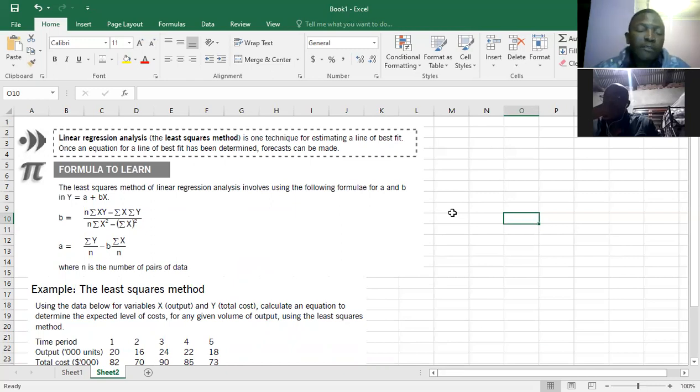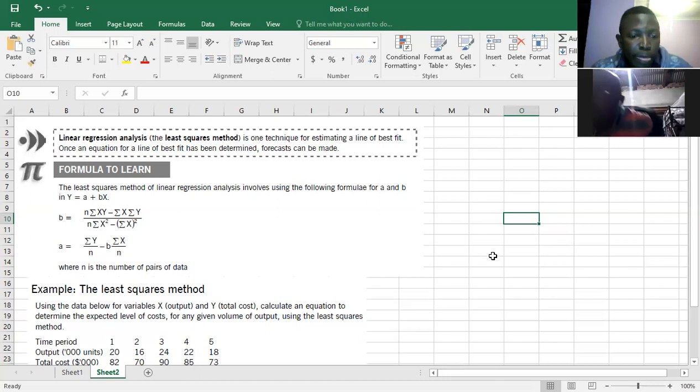So the formula is y equals a plus bx. X is the cause, y is the effect. A is a constant, it doesn't change. The formula also will be given.